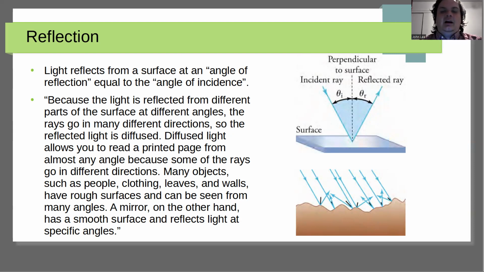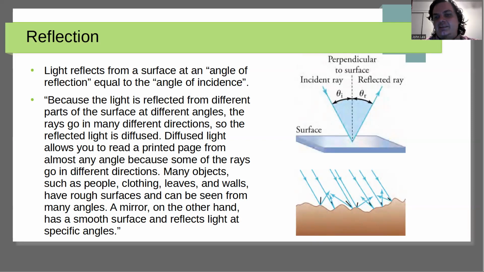The reason that most objects we see, this isn't immediately obvious. You can see a page in a book with light bouncing off of it from any given angle, instead of just a specific angle like you might with a mirror, because most objects are really messy and rough.